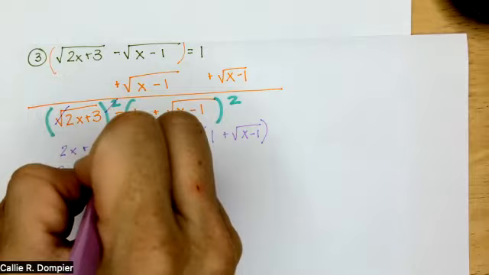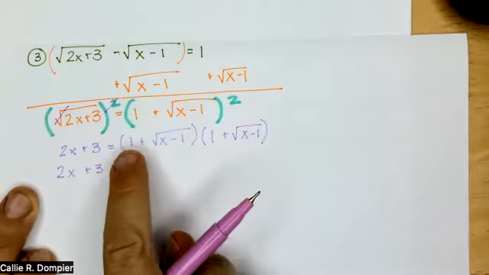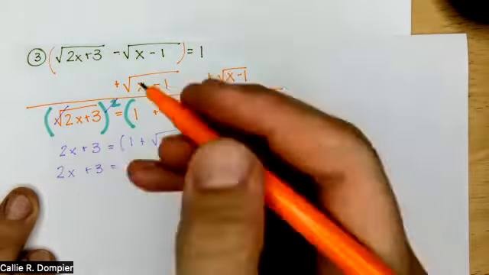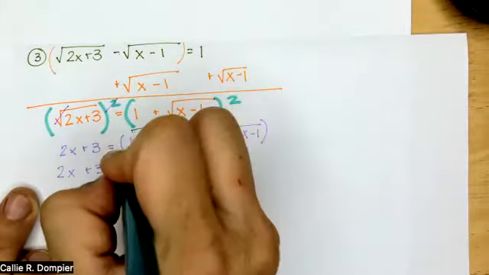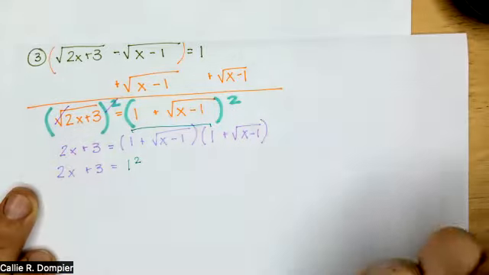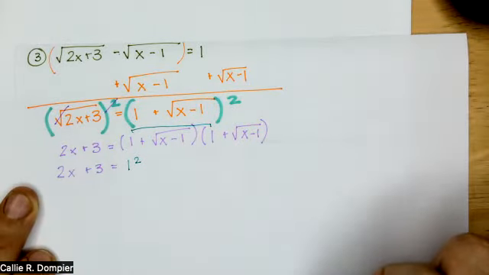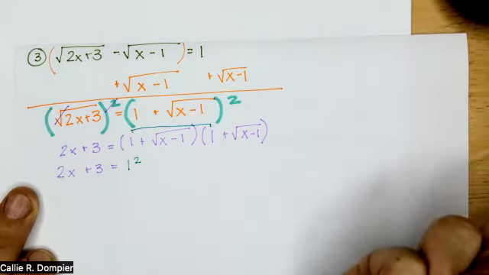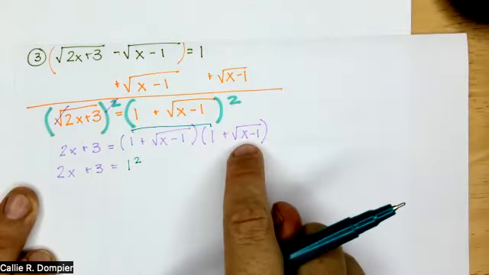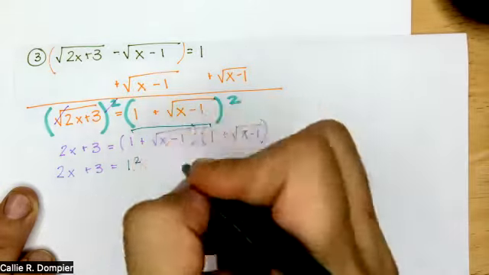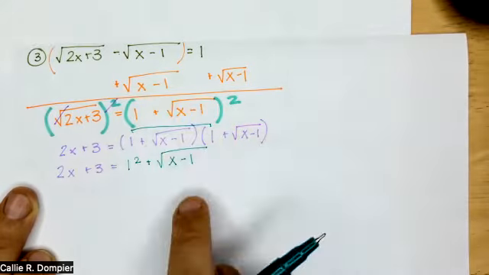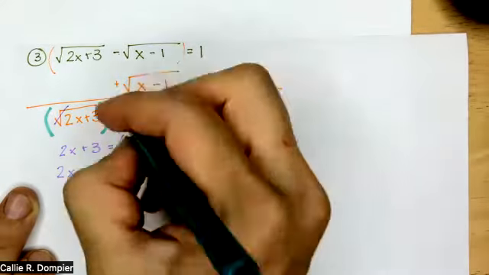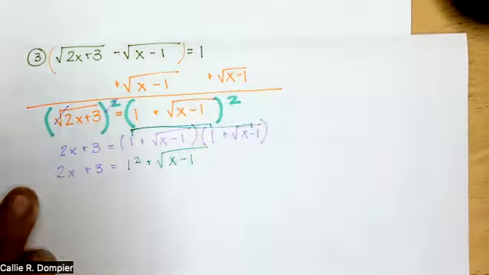Just like when it was x minus 2, we're going to square it, or sorry, we're going to FOIL it. 1 times 1 is 1. 1 times the square root of x minus 1 is the square root of x minus 1. So that was the first and the outside.